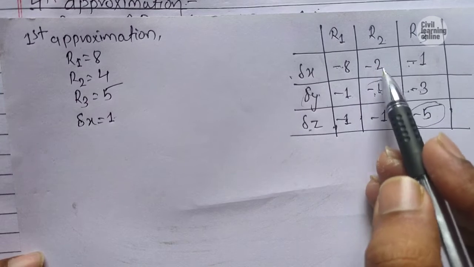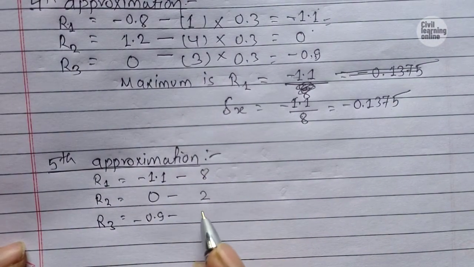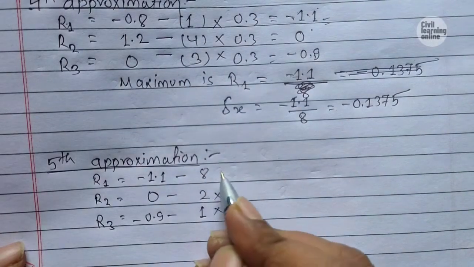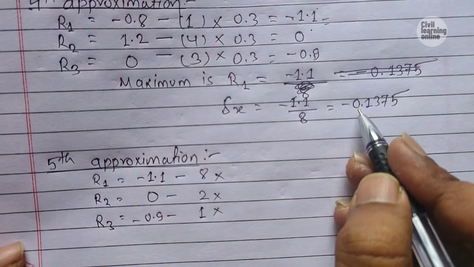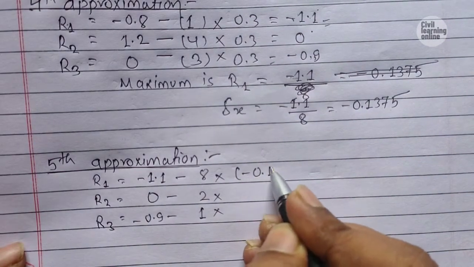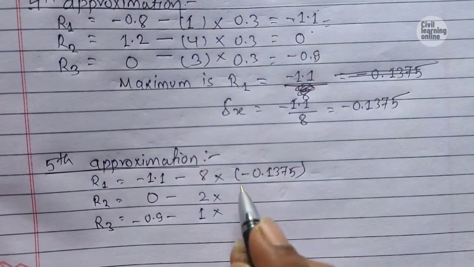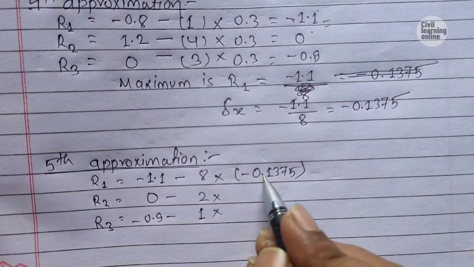So 8, 2 and 1, and multiply this with the value which we calculated in the fourth approximation, that was minus 0.1375, and try taking up to 4 decimal places.